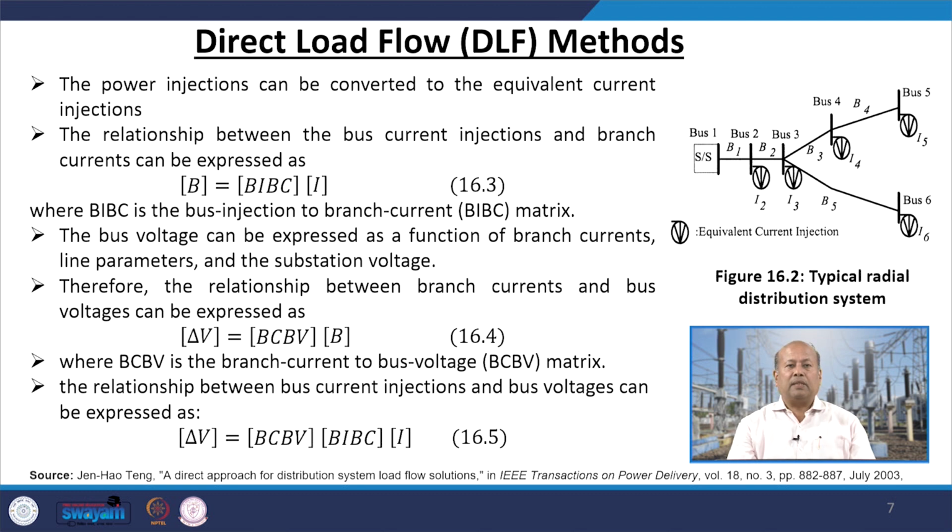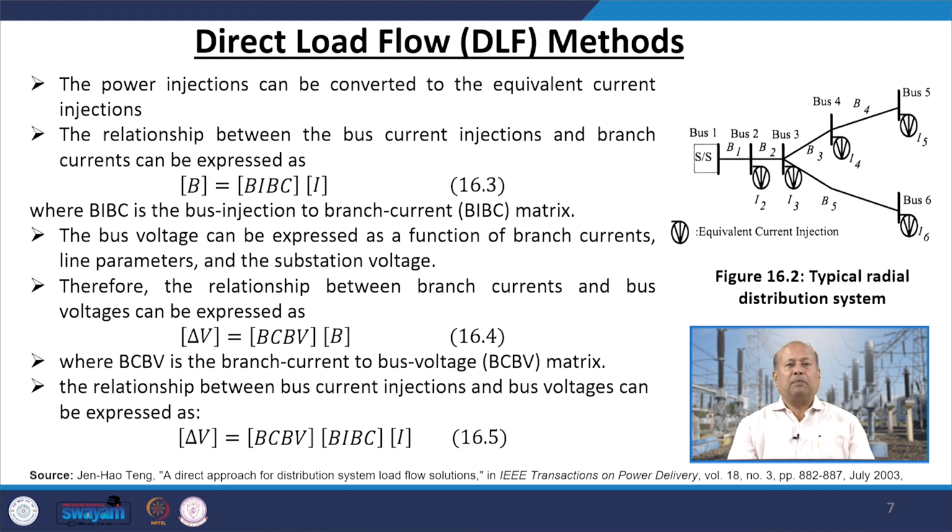The bus voltage can be expressed as a function of branch currents, line parameters, and the substation voltages. Therefore, the relationship between branch current and bus voltages can be expressed as delta V equal to BCBV matrix multiplied by the B matrix. BCBV is nothing but the branch current to bus voltage matrix.